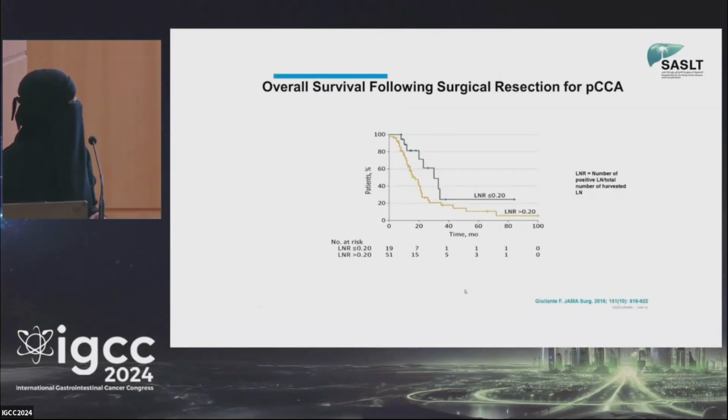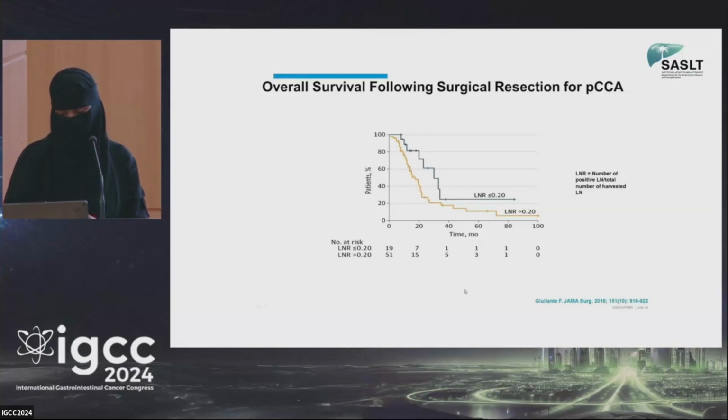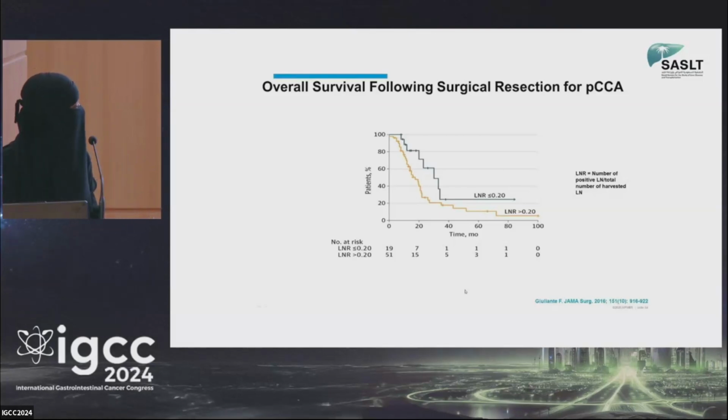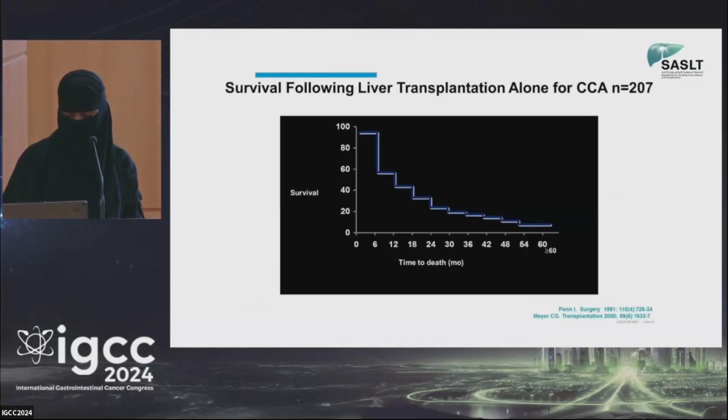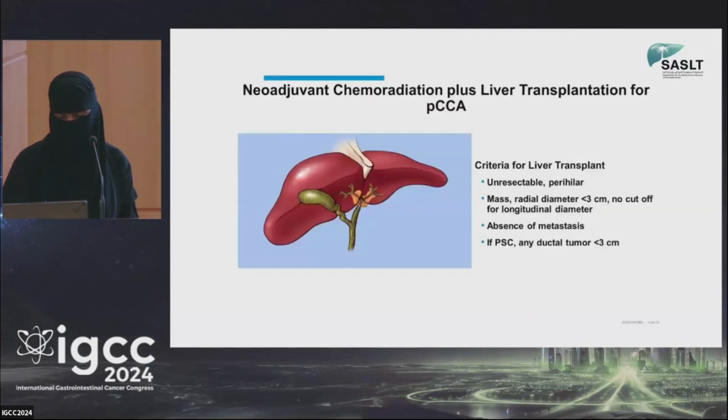So the survival of post-operative pre-hilar cholangiocarcinoma is not really so promising in advanced disease. When you have lymph node involvement, the survival will also be reduced. This is the survival following liver transplant in a trial that used 270 patients.